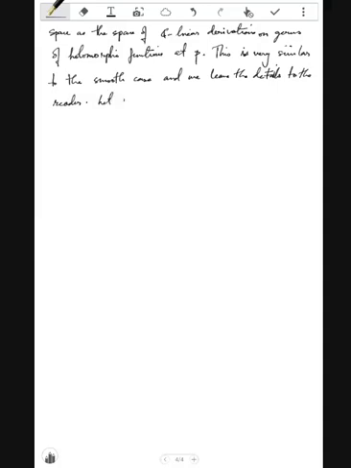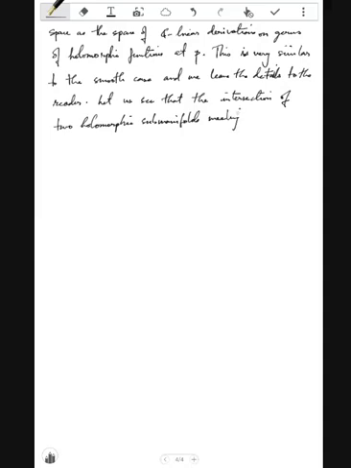So let us see that the intersection of two holomorphic submanifolds meeting transversely is a holomorphic submanifold.